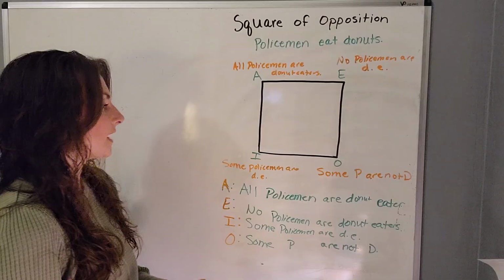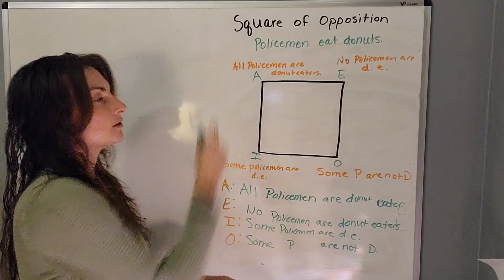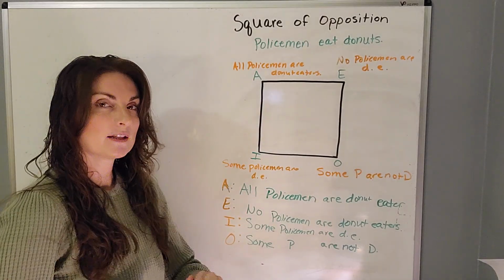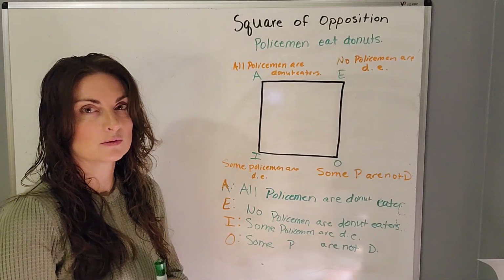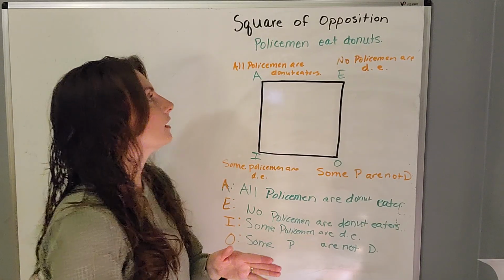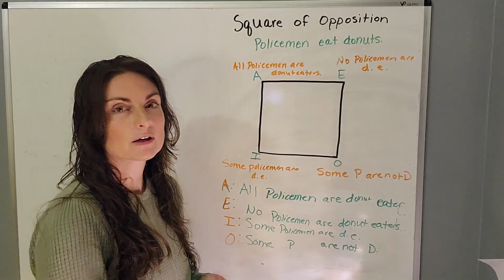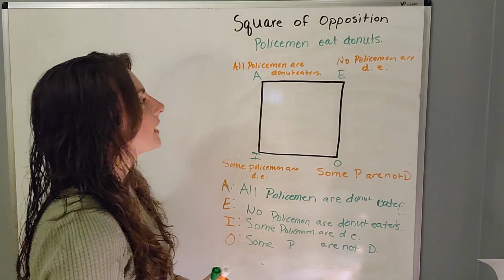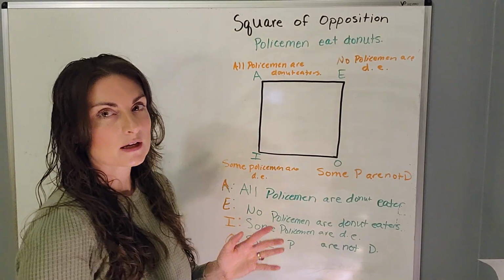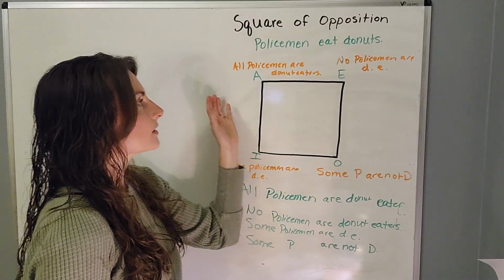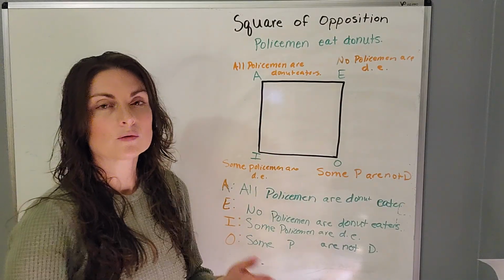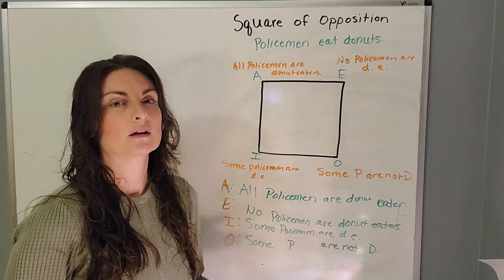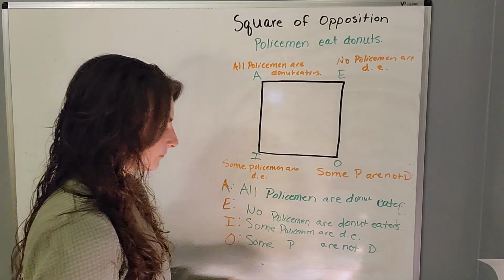So I have just taken my original sentence here, identified the subject and the predicate, and turned the verb into a noun. I needed a noun on the predicate side. I already had one on the subject side. And added to be verbs. And what we have up here are sentences that are talking about the exact same thing and affirming or denying the exact same thing about the subject.